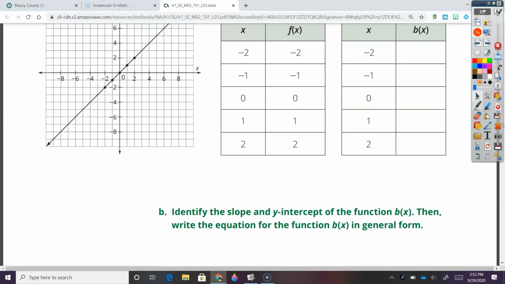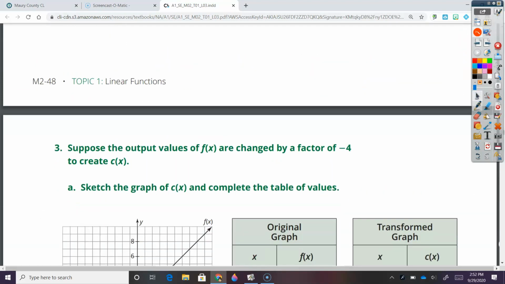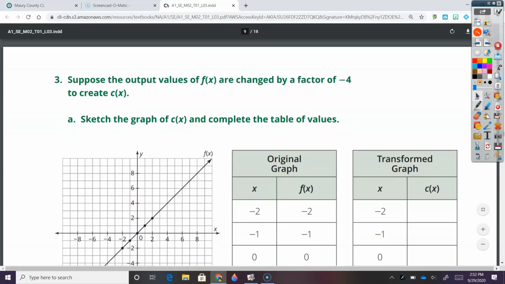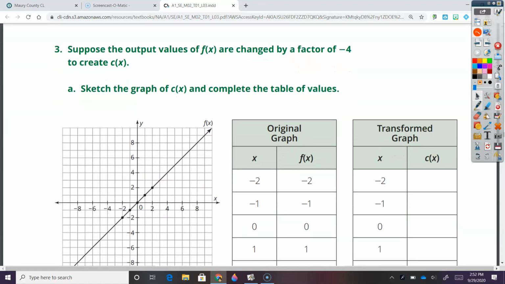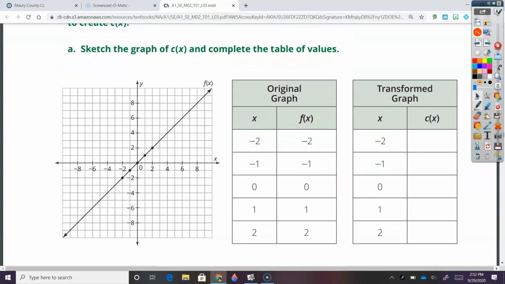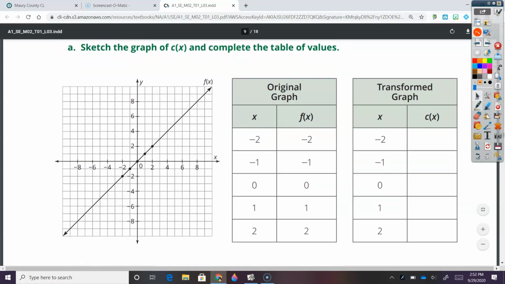Number 3, suppose the output values of f of x are changed by a factor of -4 to create c of x. Sketch the graph of c of x and complete the table. So we're going to multiply by -4.